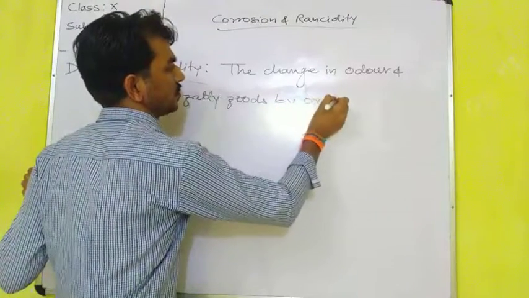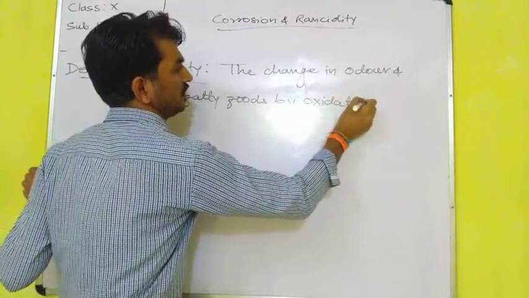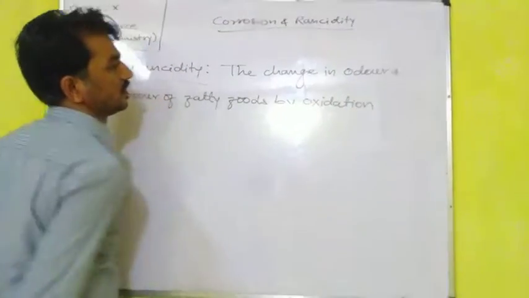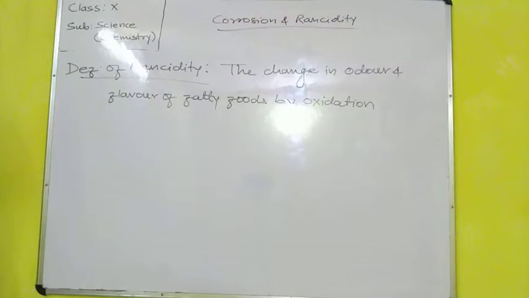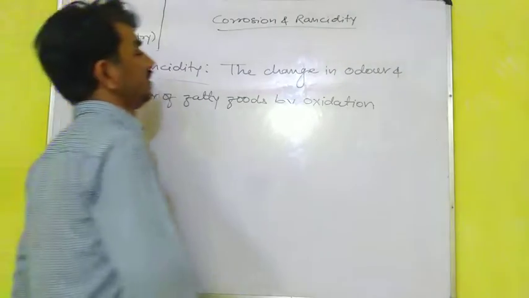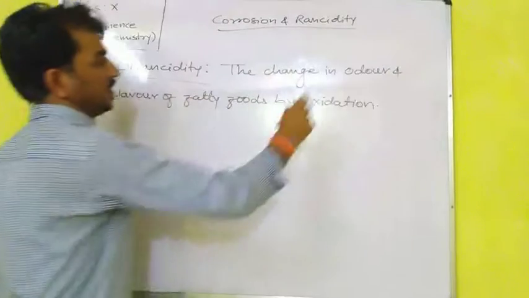This corrosion also is an example of oxidation. The change in color, odor and flavor of fatty foods by oxidation is called rancidity. It is known as rancidity.